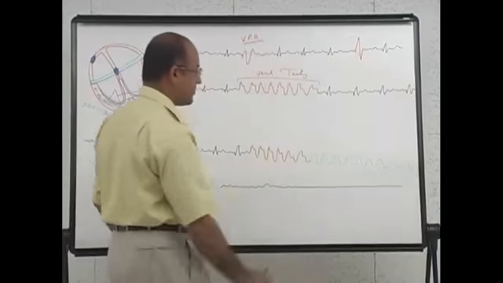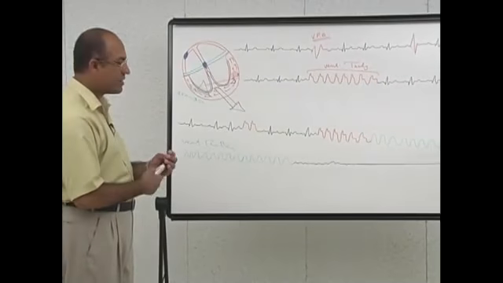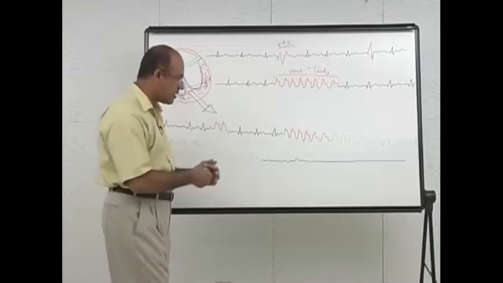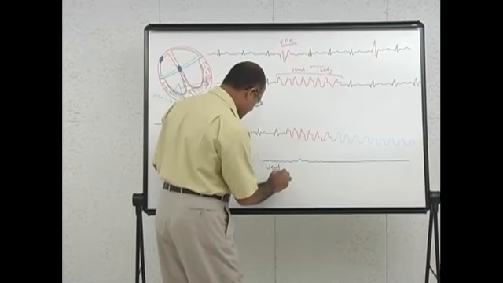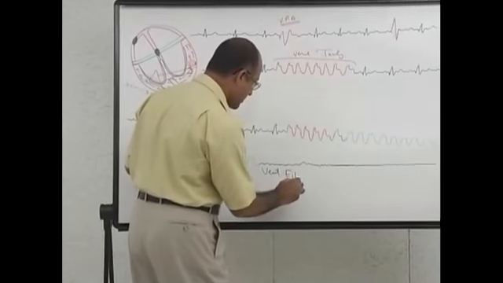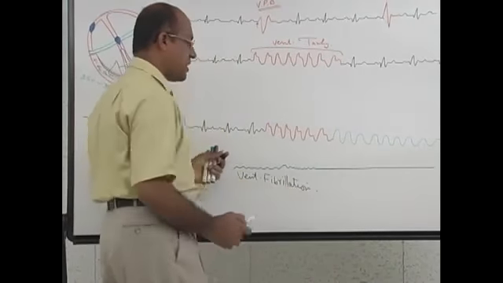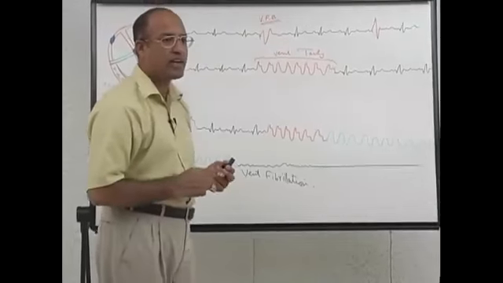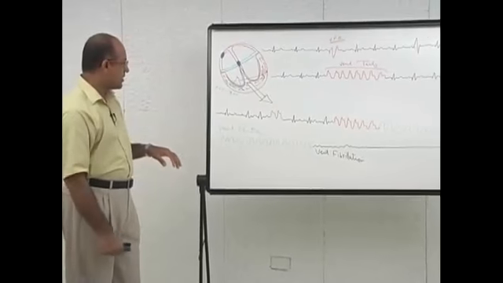It is death, right? Because flutter has led to ventricular fibrillation. What is it here? Ventricular fibrillation. And ventricular fibrillation, if you don't treat well and rapidly, then it may lead to a flat line, no electrical activity in the heart. Is that right? That may lead to death.